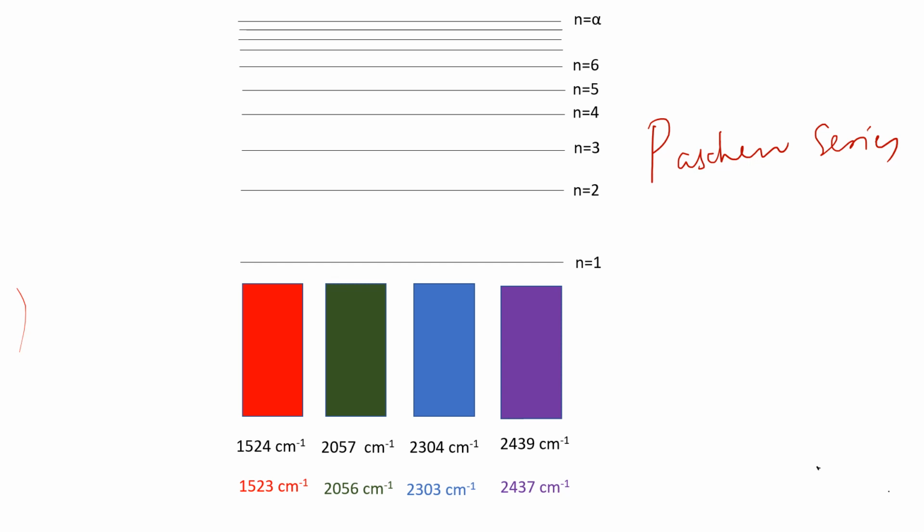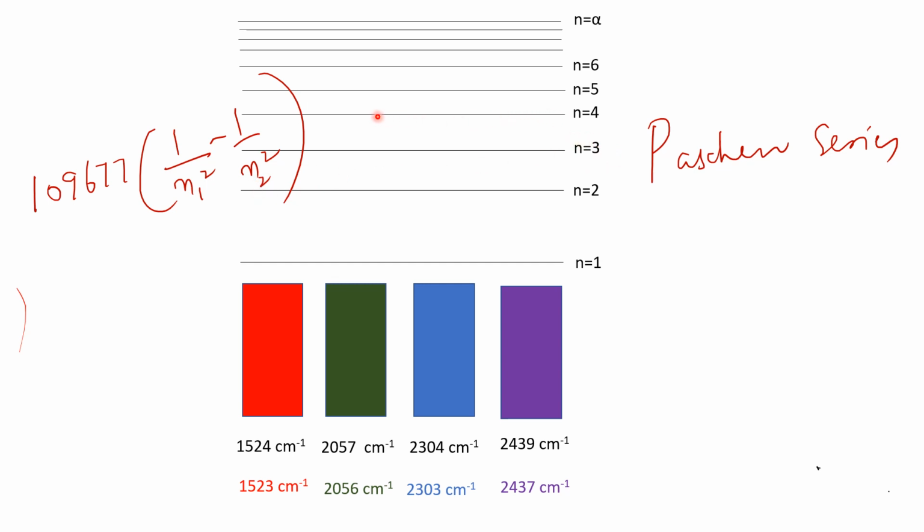So in case of the Paschen series, if you apply the formula 109677 into 1 by n1 squared minus 1 by n2 squared, as we know, the Paschen series arises from the transition of electrons from higher orbits to the third energy level. So always the value of n1 will be equal to 3 and the value of n2 will be more than 3.